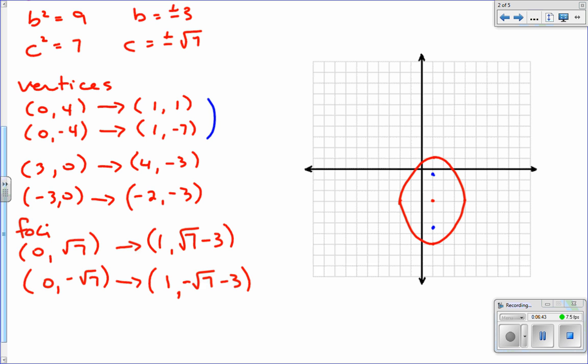And now we have sketched the ellipse, we've labeled our foci, and we have found the coordinates of the foci as well. Okay, so that's important to have all of those for a question like this where we're asked to locate the foci.